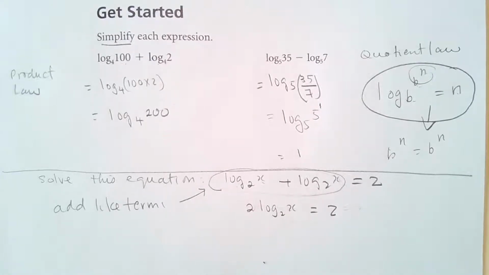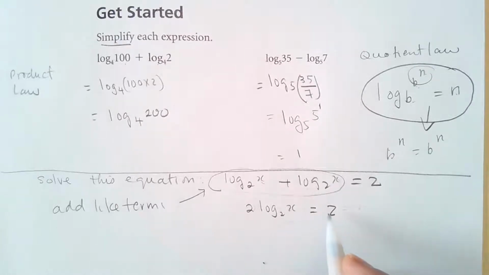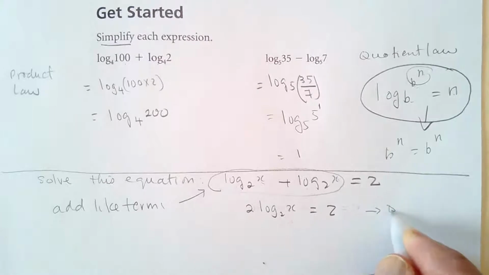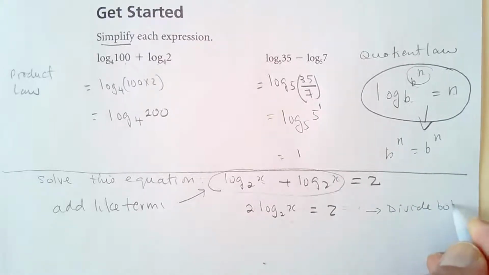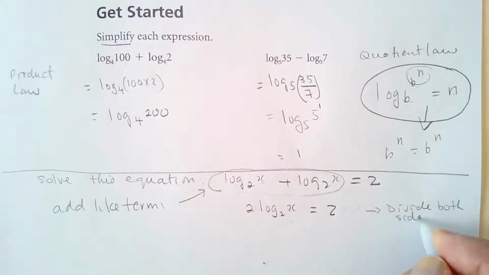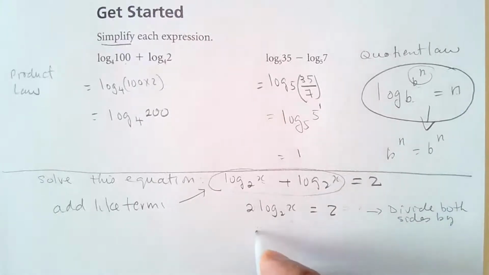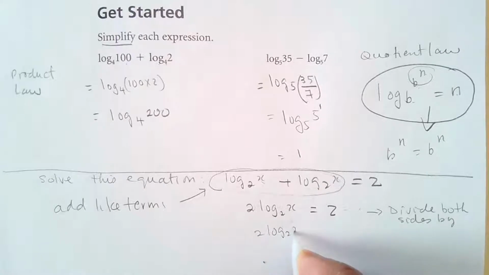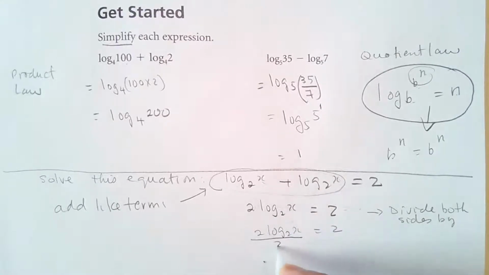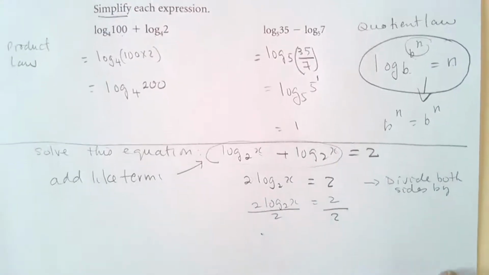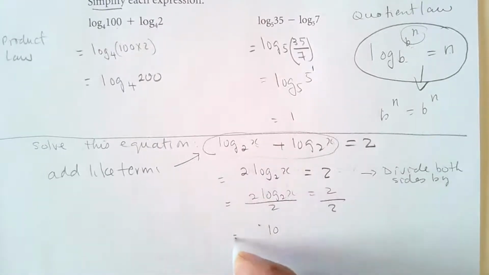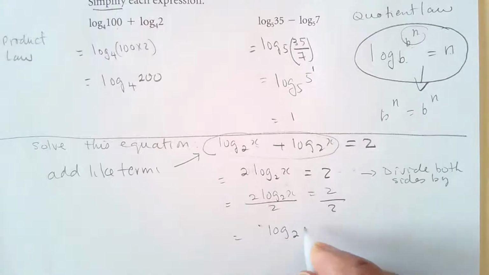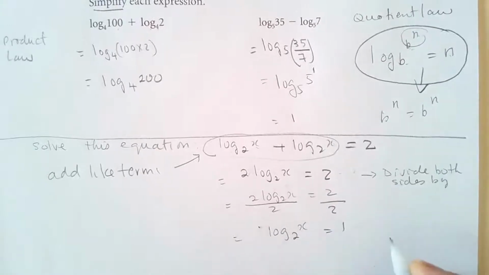Next, I'll divide each side by 2, because you want to simplify it. So divide both sides by 2. We have 2 log base 2 of x equals 2, divided by 2, and I'm left with log base 2 of x equals 1.